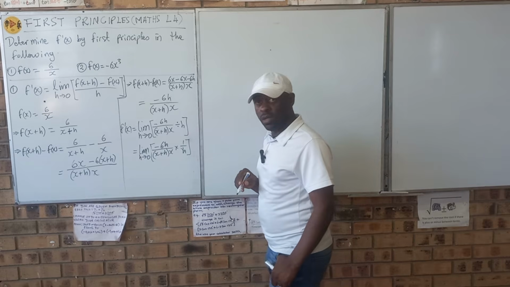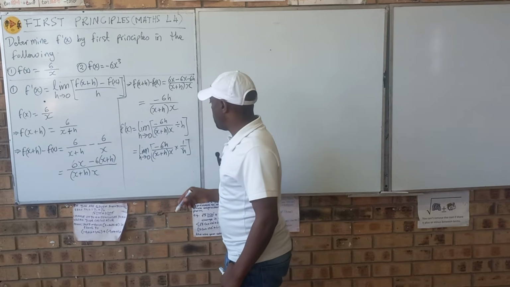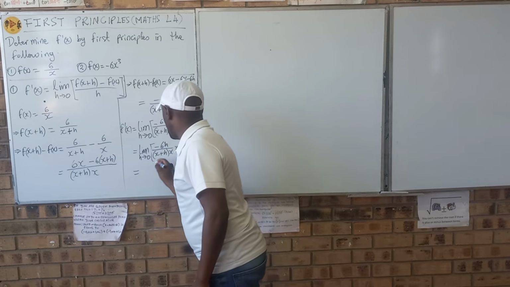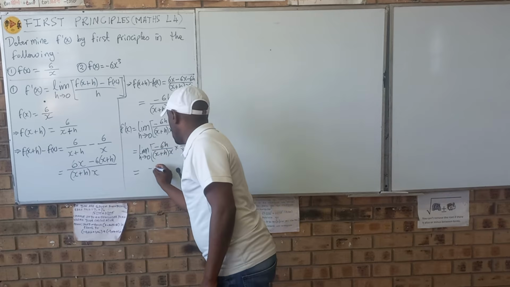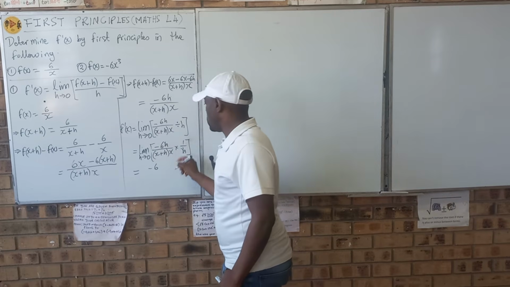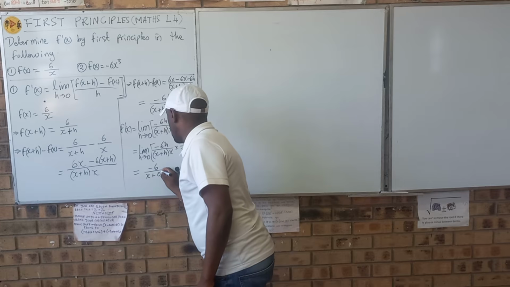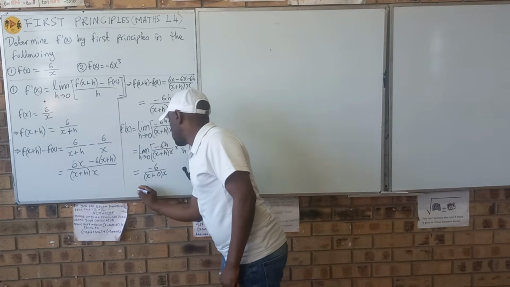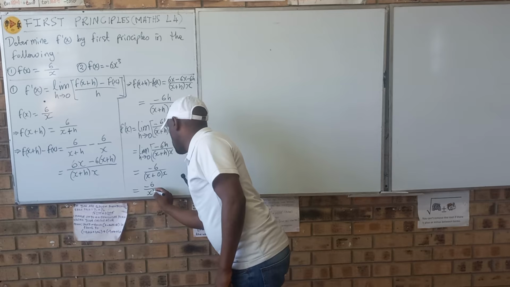So once that h goes away, then I have to stop writing limit. If I stop writing limit, then anything that is left there, I copy it down. In the numerator, we will only be left with negative 6. Negative 6 times 1 is negative 6, divided by x. If there is any other h left, we replace it by 0. That's the meaning of limit as h tends to 0. And this is simplified to negative 6 on x squared.